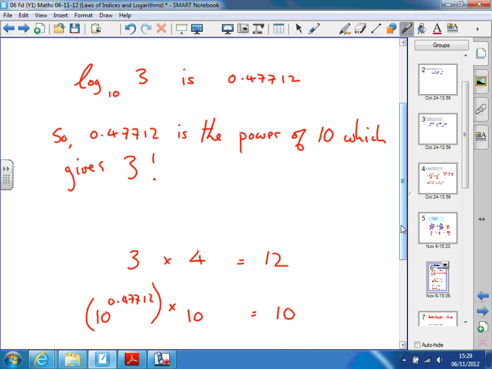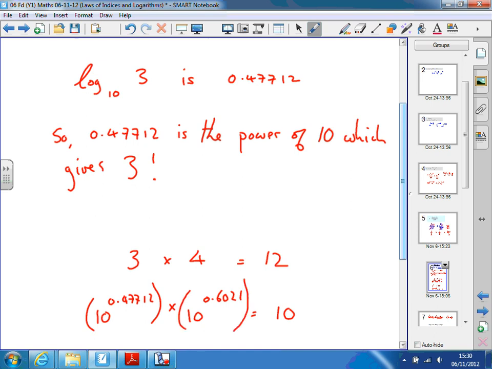What would I have to do on the calculator to find this missing power? Log 4. So what's log 4? Give it to me to 4 significant figures. Okay. 0.6021. So, in other words, 10 to the power 0.6021 is 4. Okay?